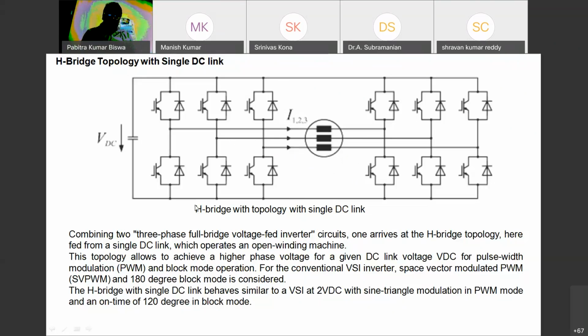That means we have to consider that this one side converter will be in this topology. That topology will be known as an H-bridge topology, and you can also control it in 180-degree mode or 120-degree mode, and you can also use PWM mode.